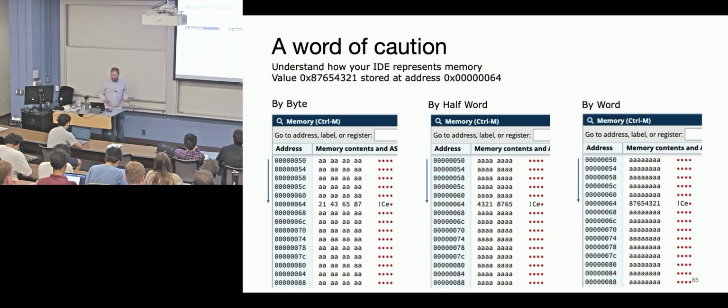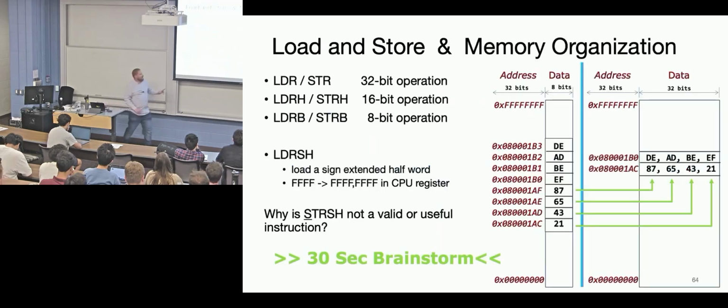A word of caution, because I got confused when I was making that example last night, how your ISA or how the slides represent memory matters. So here, in this example, addresses are going up, okay? And we're reading an entire word at a time, at least in this example.